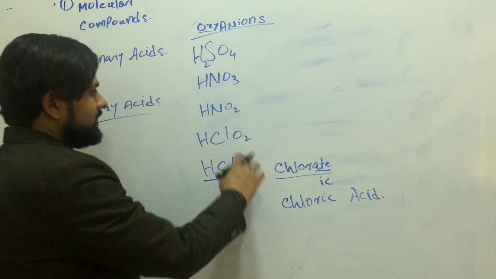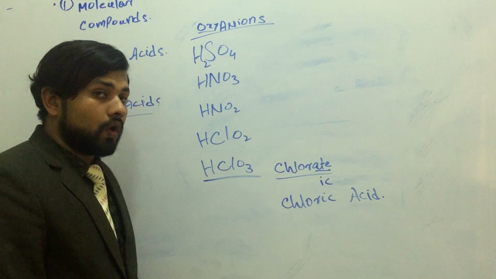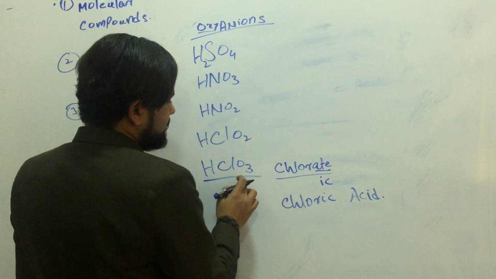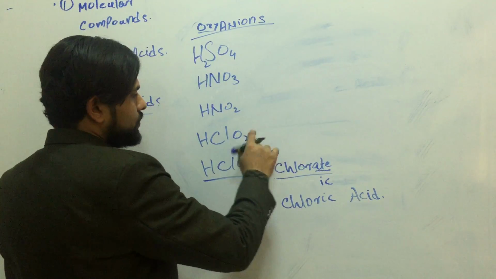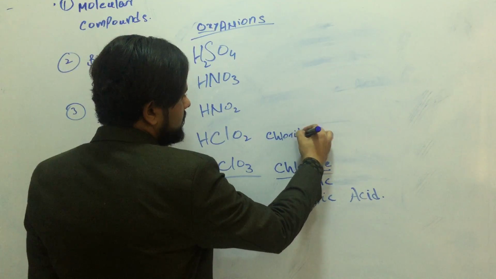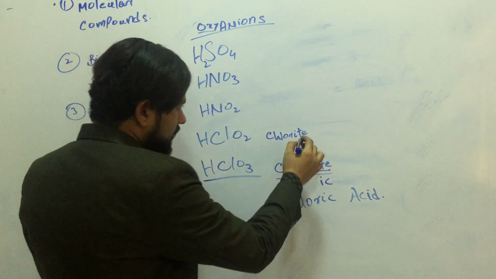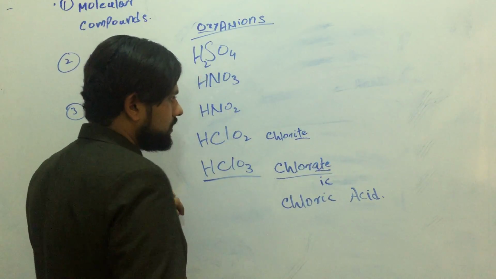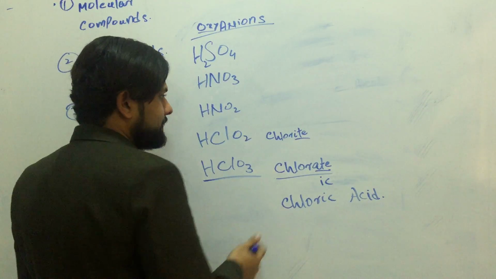Okay, ClO2, that is not chlorate, that is chlorite, because there are two oxygens. So I'm going to write there chlorite, and what you have to do is replace that suffix ite with ous.